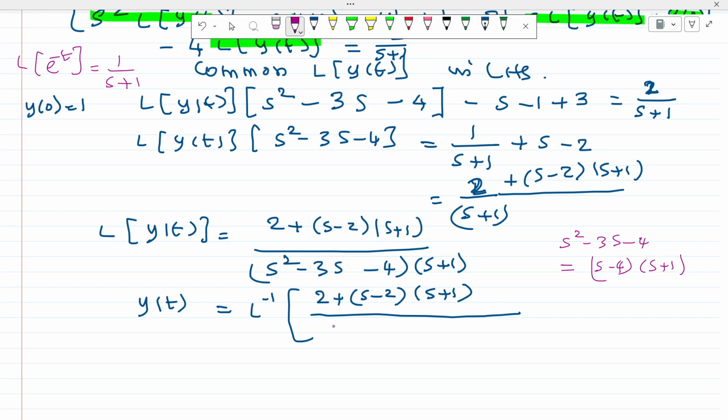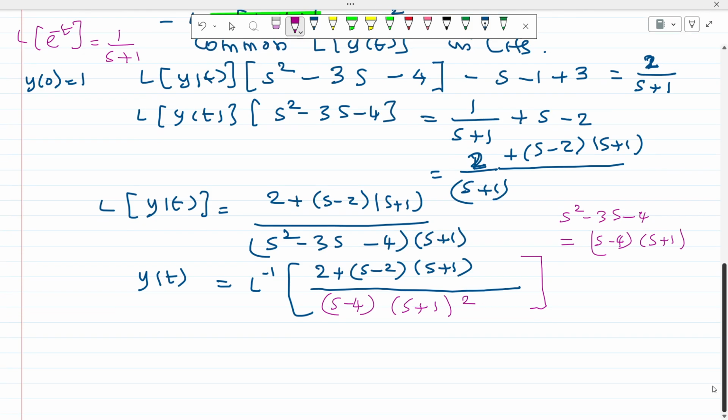Okay, so s minus 4, fine, and then already s plus 1 is there. Here already one more s plus 1 is there, so we can write s plus 1 whole square in the denominator. Are you able to understand? So if you factorize s square minus 3s minus 4 into s plus 1, then we get 2 plus (s minus 2)(s plus 1) divided by (s minus 4)(s plus 1) whole square.